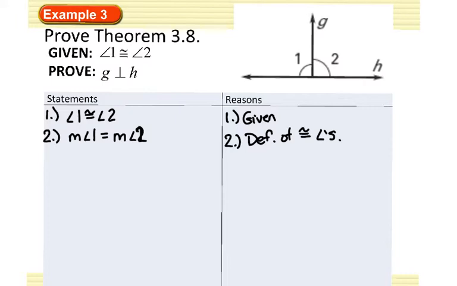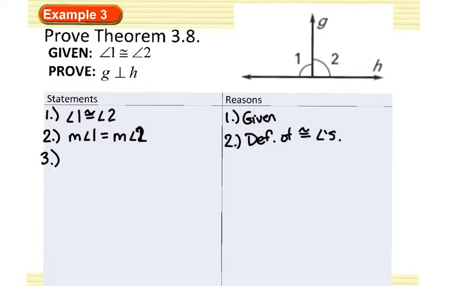Then from that equation, we're going to see that one of these angles, either 1 or 2, doesn't matter, is a 90-degree angle, and therefore G is perpendicular to H.